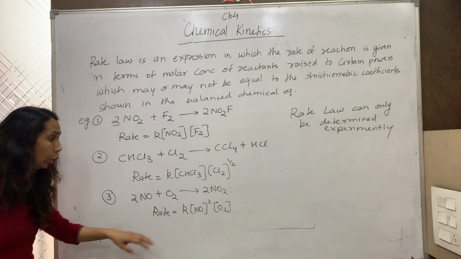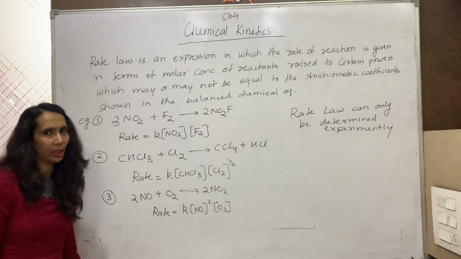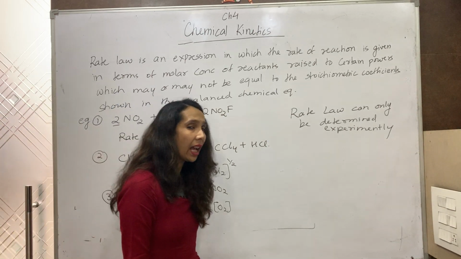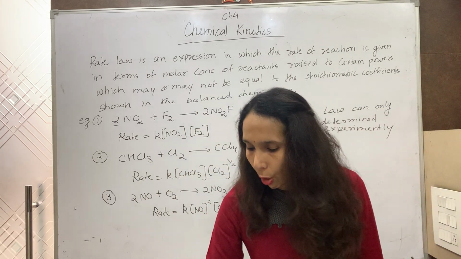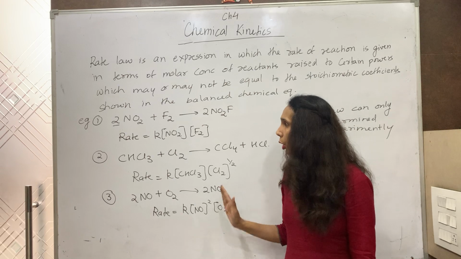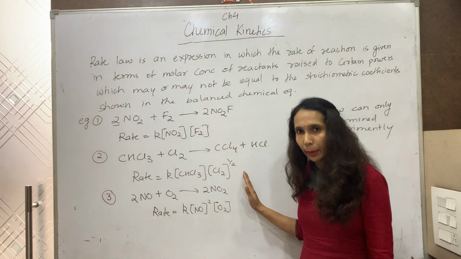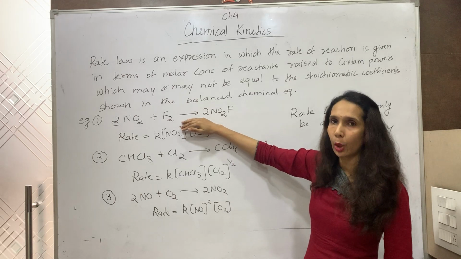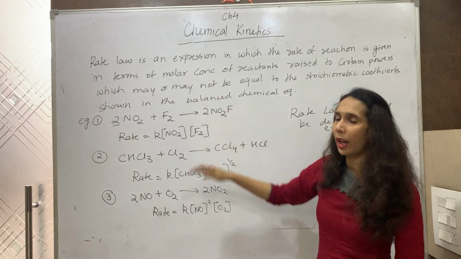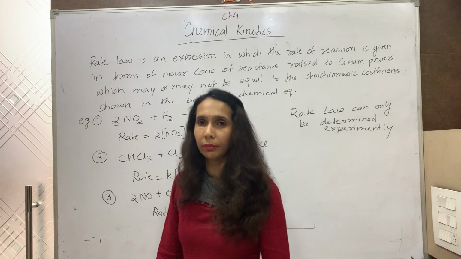But we have not written it according to the balanced chemical equation. It has been determined experimentally. The rate law expression can only be determined experimentally. We cannot find it from a balanced chemical equation. So we have done with your rate law. Thank you.